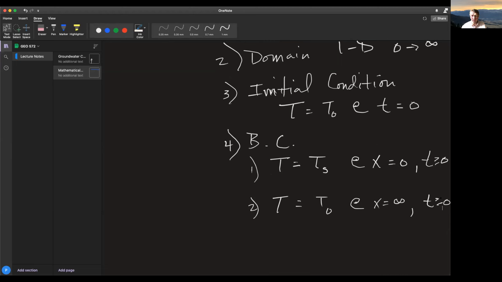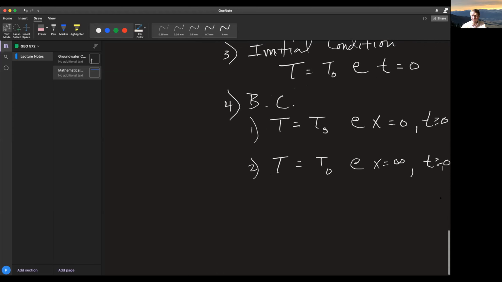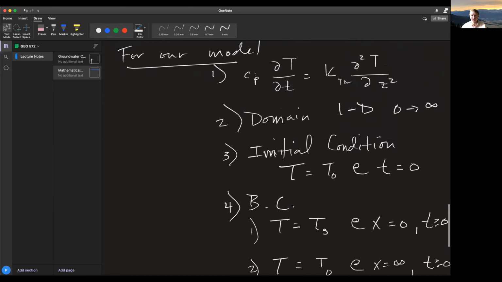Those are our two boundary conditions. Our parameters that control the solution are k, rho, and Cp. We need to know all of this in order to solve our equation.